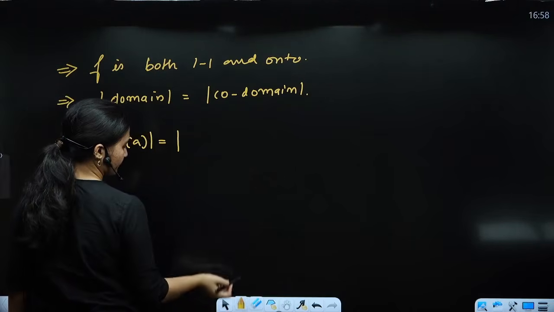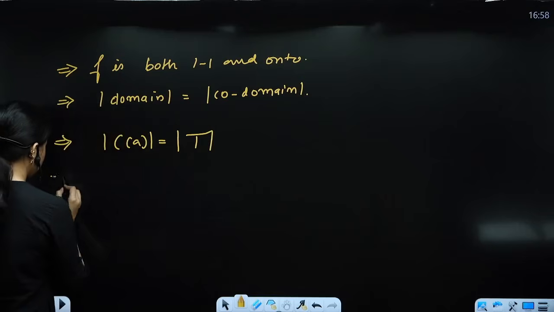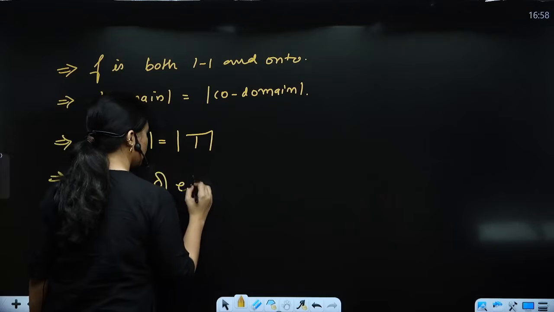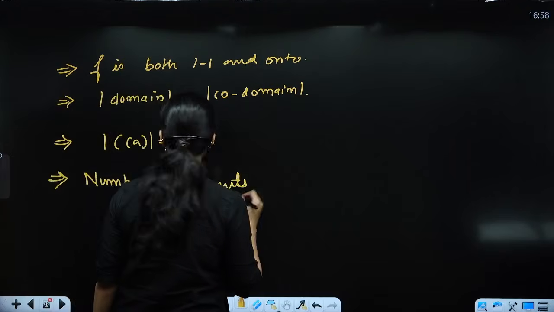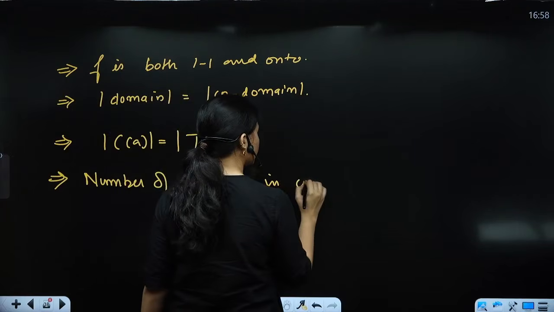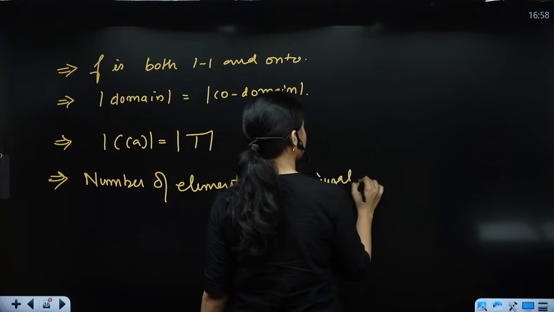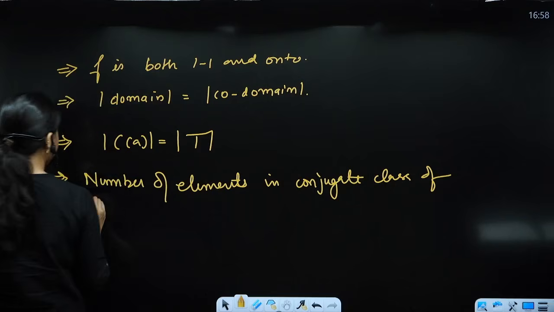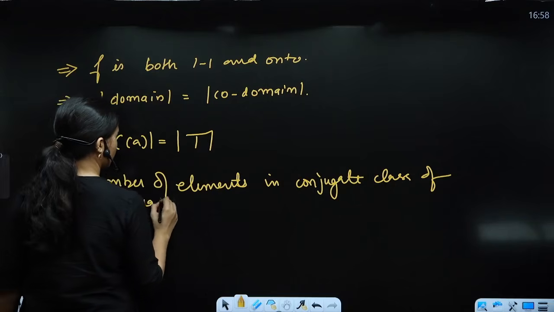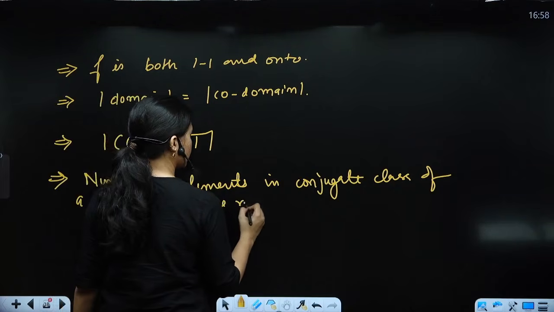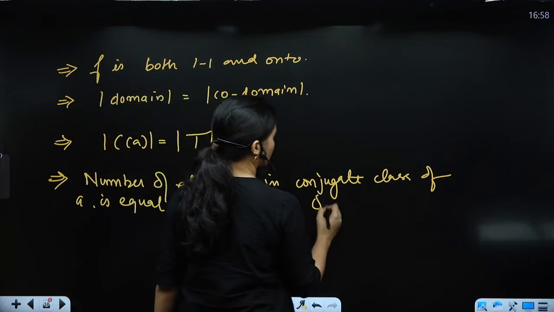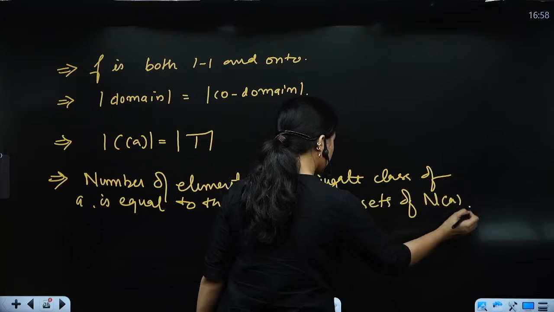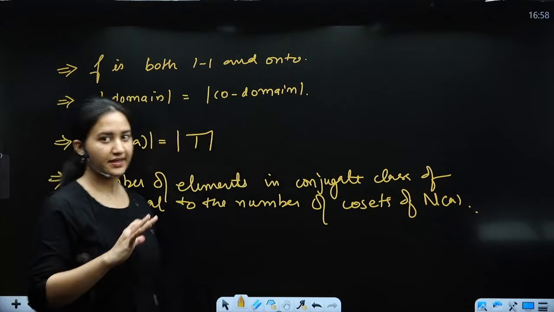Okay? This implies that the number of elements in the conjugate class of a is equal to the number of cosets of the centralizer. Okay? So this was a very important proof here.